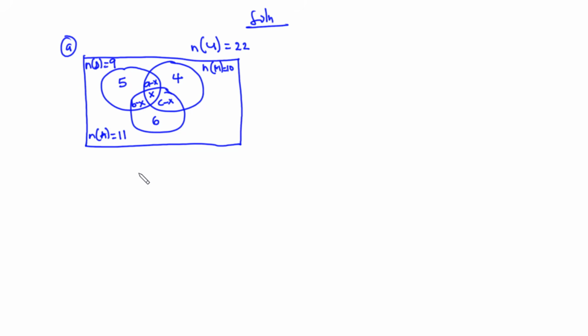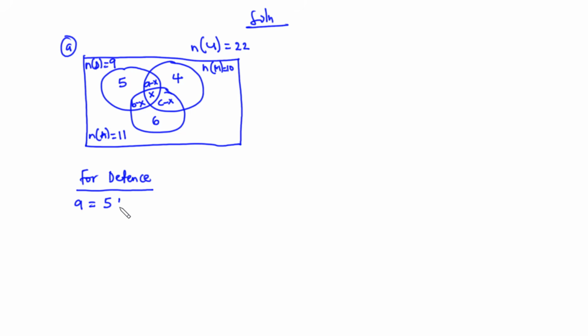Now let's consider each of the 3 positions. Let's start with defense. The number of players who play defense is 9. So we have 9 equals, considering this circle, we add up all the contents of this circle.